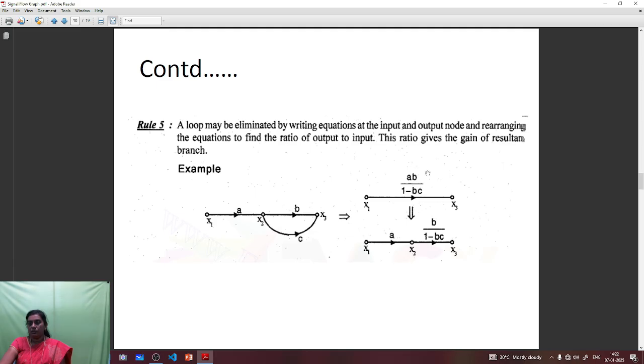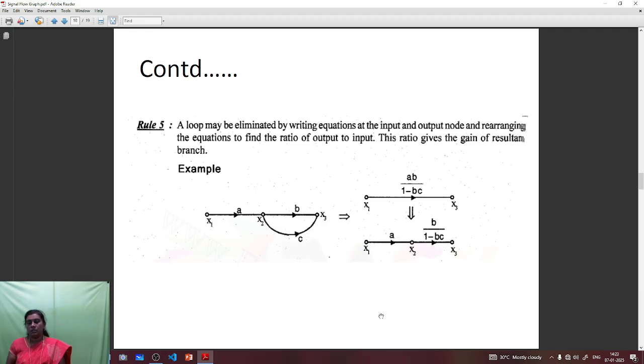And here the x1 to x2 branch again has a gain of a. So we can multiply with that gain, so it becomes ab divided by 1 minus bc. This can be written in this way also. We are keeping the first branch as it is, and only this loop can be eliminated by using this equation, b by 1 minus bc.